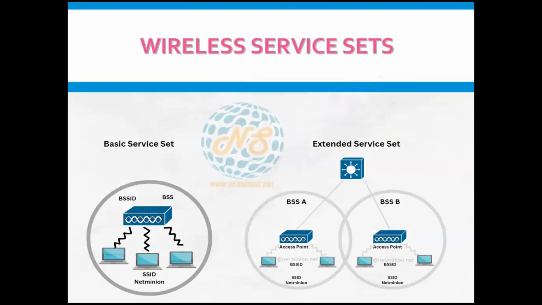Now, at my home, I have a wireless router, right? That's not IBSS, because it is using an access point. That is a basic service set. Basic service set means there is a group of devices which consist of a central wireless source. So in your case, it will be the modem.